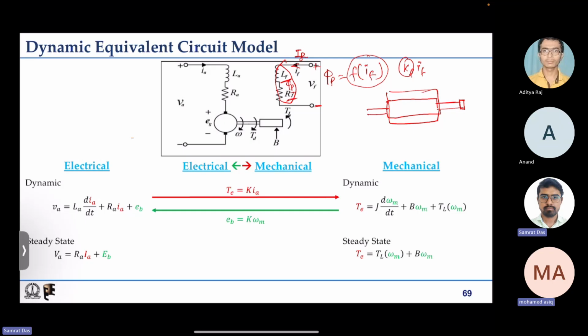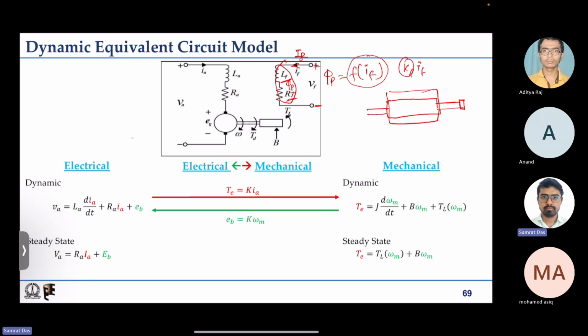Yes, but in the actual case, there will always be some error in the parameter estimation. Suppose we estimate that the armature inductance is 1.2 millihenry, but it may not be that. There may be some calculation or estimation errors. It may be 1.3 millihenry also.